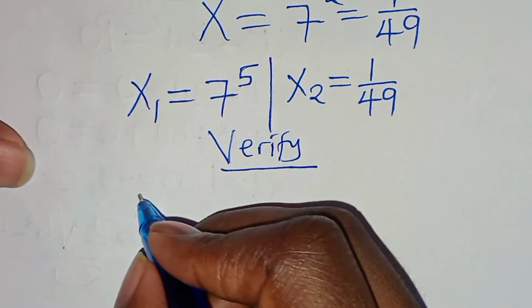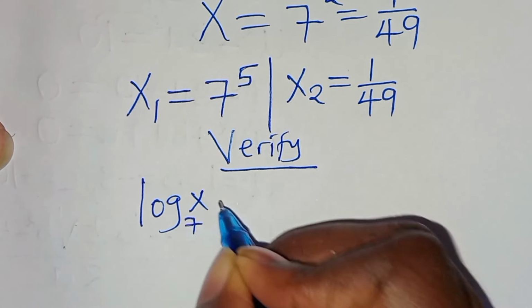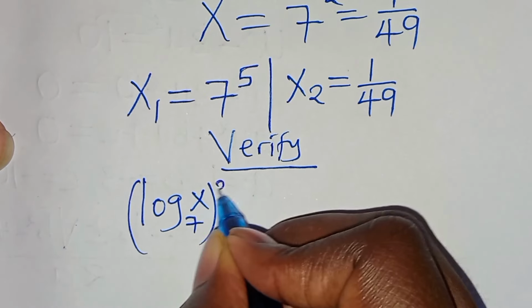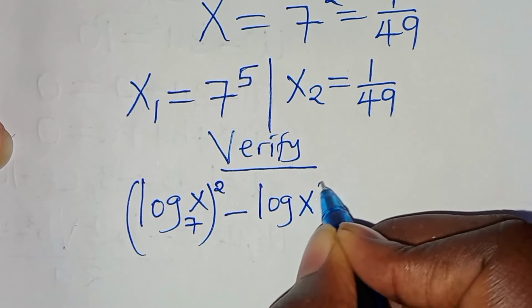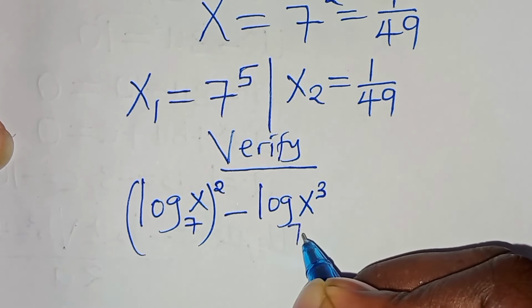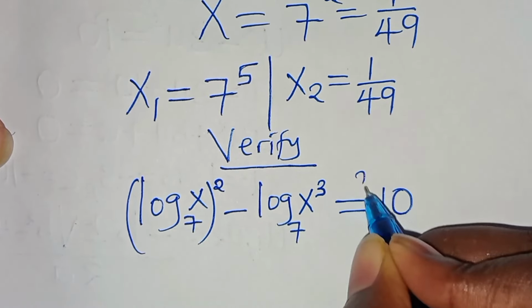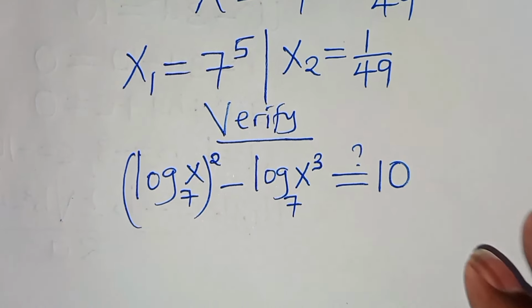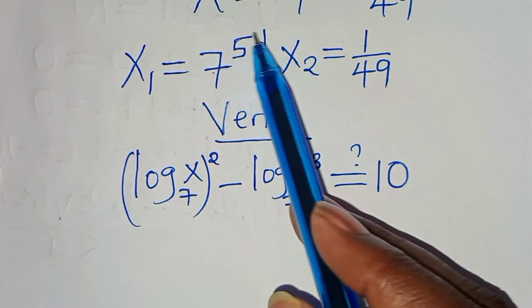So we have log x to base 7 raised to the power of 2, then subtract log x to the power of 3 to base 7 here. This is supposed to give us a value of 10. Now let's substitute x, which is 7 to the power of 5 here.